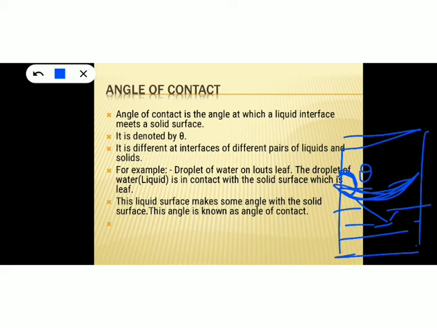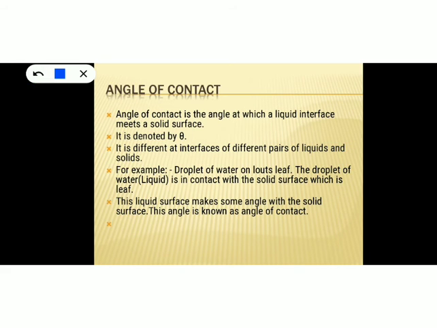So to be more specific, we can say angle of contact is the angle between the solid surface and the tangent drawn to the liquid surface at the point of contact. So if we consider another example, see here, this is a liquid drop and this is a glass surface.